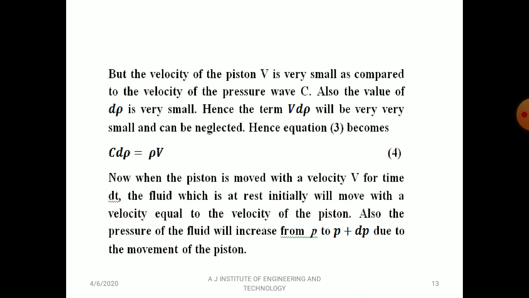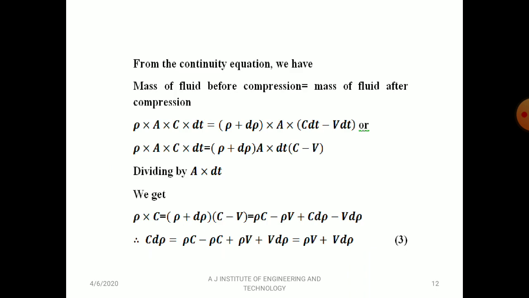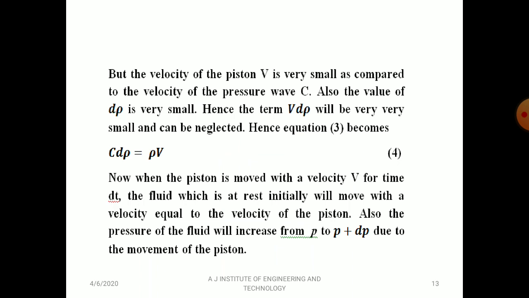Hence the overall term V into d rho will be very small, because multiplying small quantities gives an even smaller quantity, so it can be neglected. Hence equation 3, c d rho equals rho v plus v d rho, you can neglect the v d rho term. So the modification of equation 3 is equation 4, that is c d rho equals rho v.